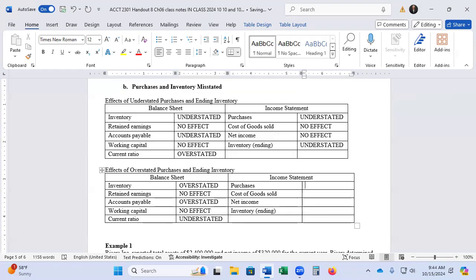Purchases, as we said, would be overstated. And cost of goods sold, there would be no effect. Net income, no effect. And inventory would be overstated. But because these are overstated equally, it doesn't affect the net income.